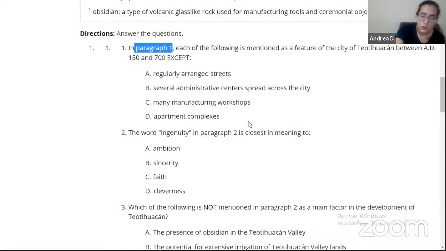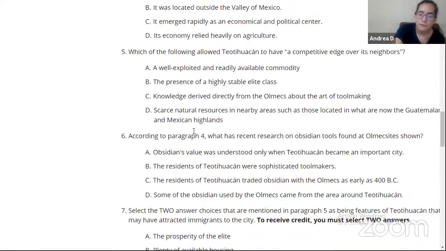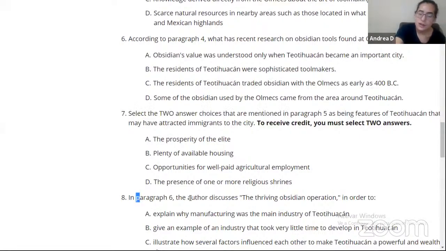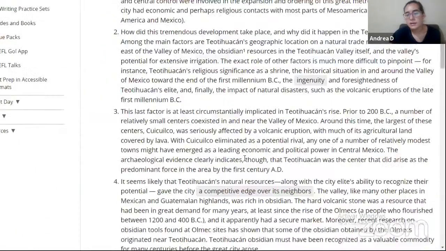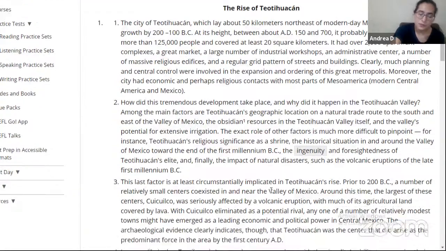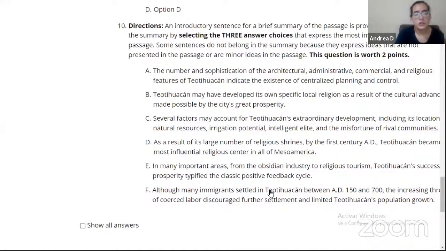In order to answer question 2, you saw paragraph 2. For the third one, paragraph 2, paragraph 3 here, then paragraph 4, and paragraph 5, and finally 6. So those are the 6 paragraphs that you have in here. I guarantee that there's not going to be a paragraph that you don't have to read in order to answer a question. So when you get to the 10th question, you should have read the entire passage, even if it wasn't all at once.